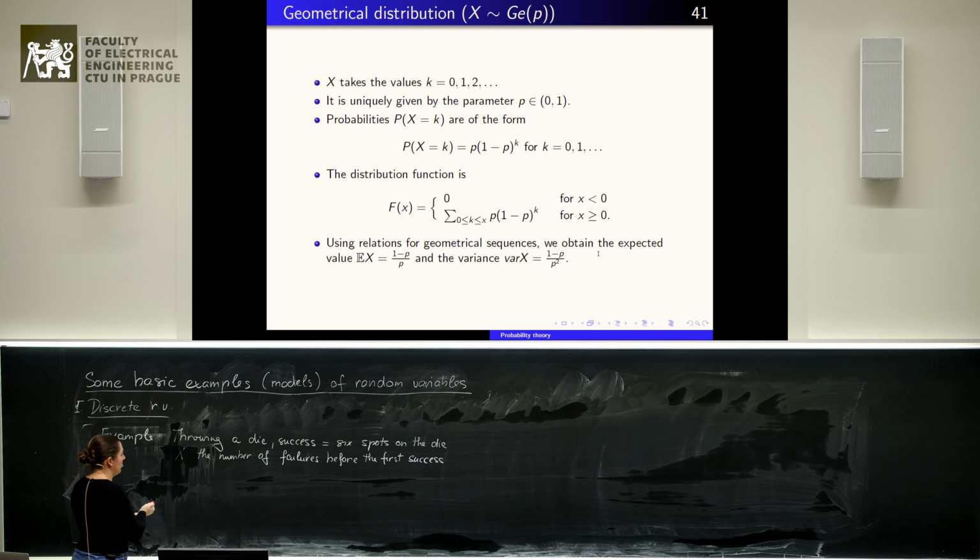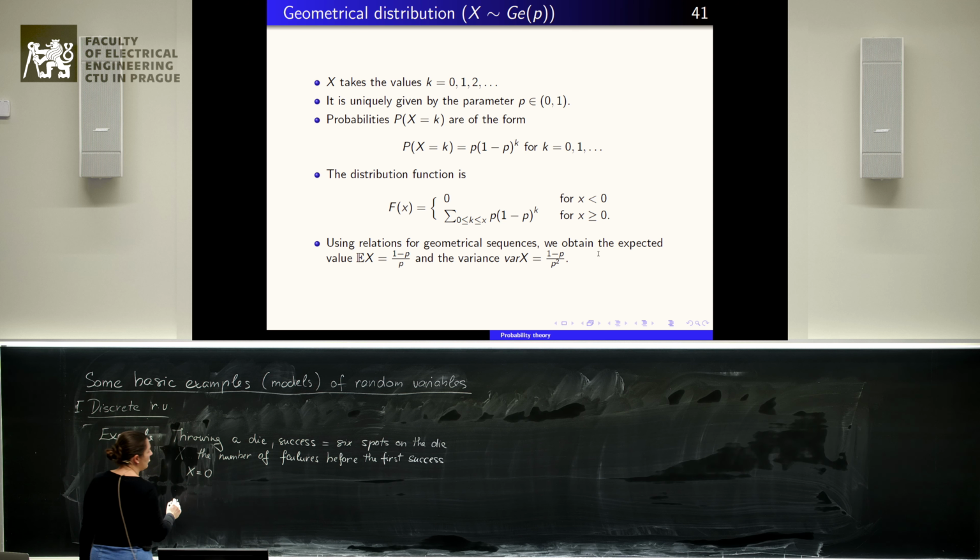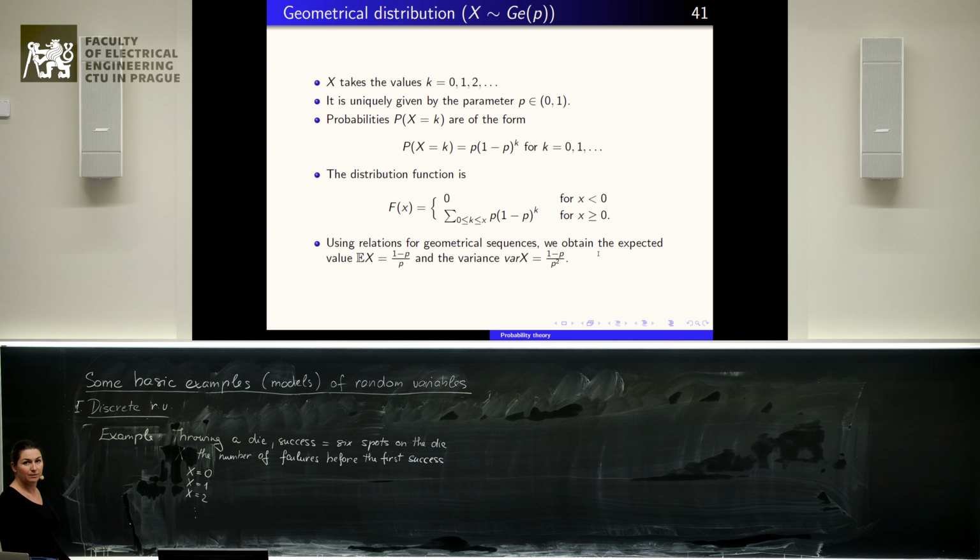So, how many failures can we have before the first success? Either 0, or 1, or 2, or infinite. What are the probabilities?